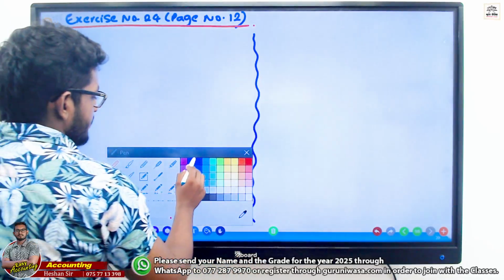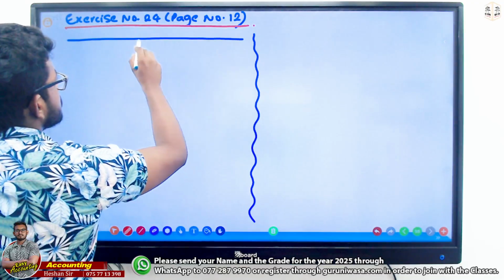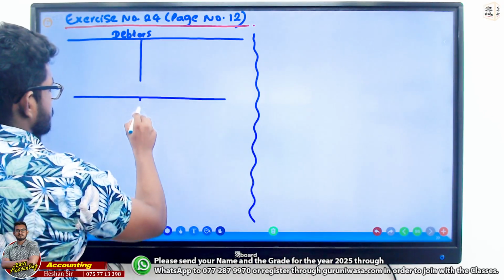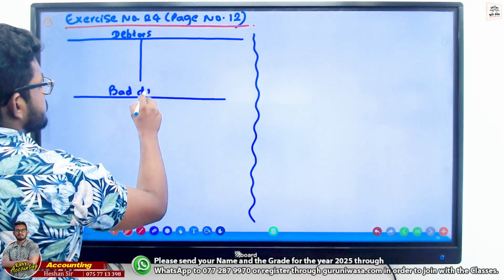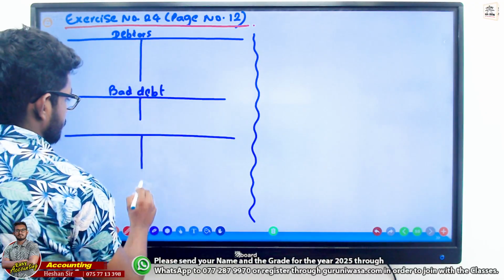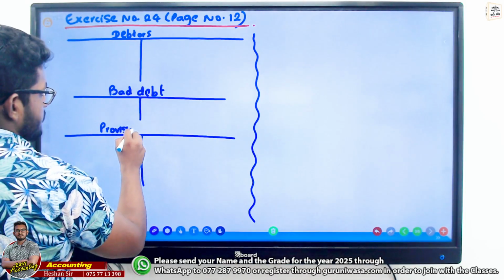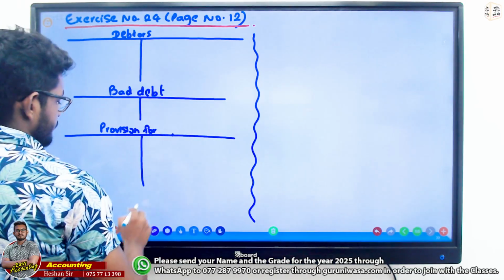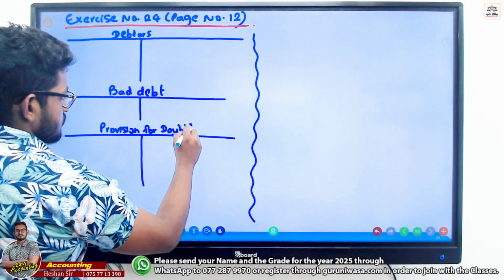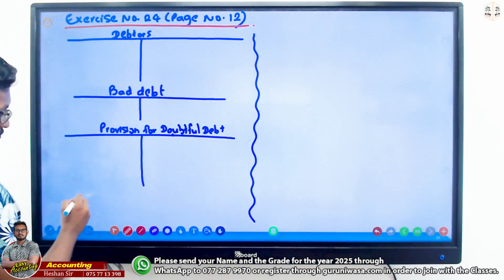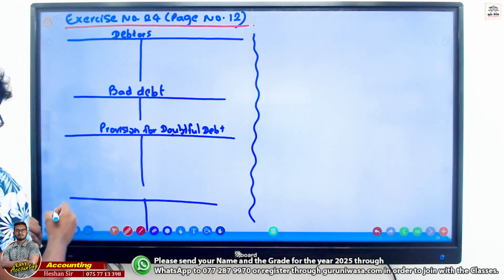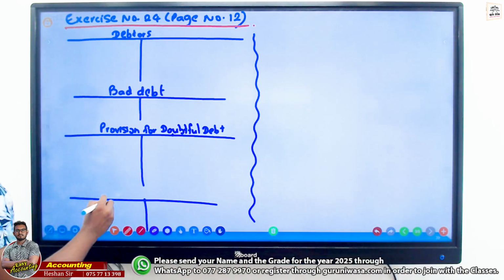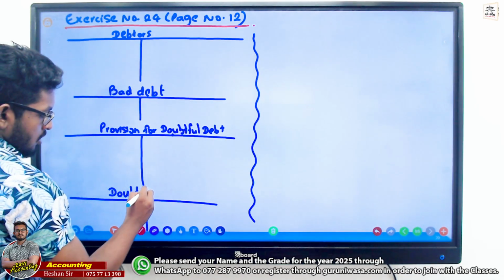So you need in here the debtors account, bad debt, provision for doubtful debt, and the doubtful debt.